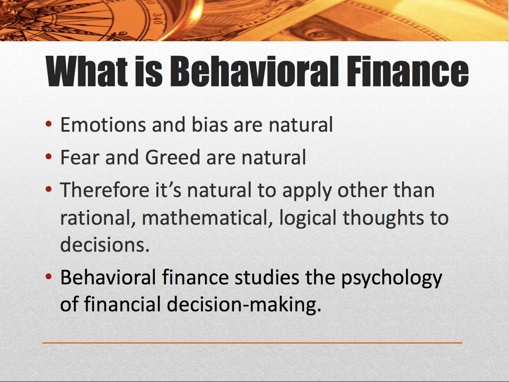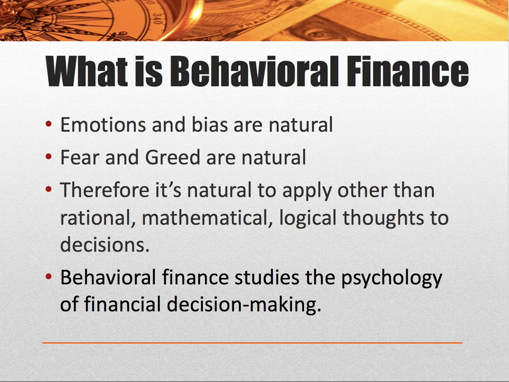Now, behavioral finance is more about the emotions and the bias that are natural in our way of thinking. We believe that fear and greed are natural emotions and that they drive our behavior in a lot of cases. Therefore, it's natural to apply other than the rational, mathematical, logical thoughts to decisions as traditional finance would.